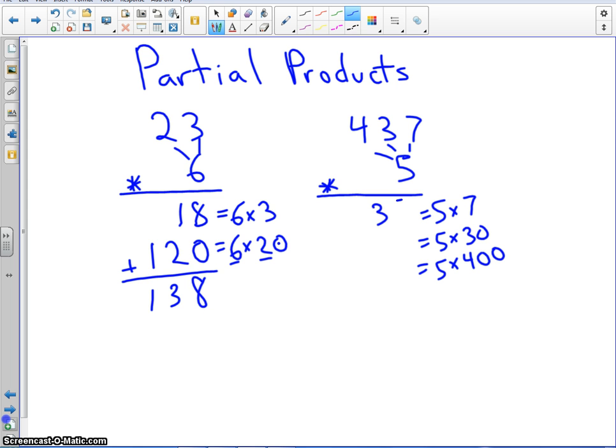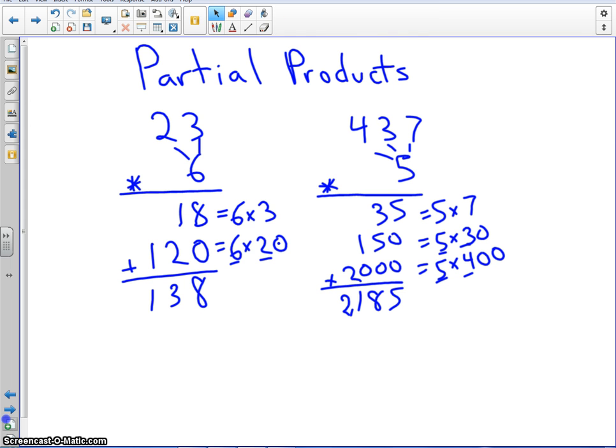So this is 35, this is 15 with a 0, 150, and this is 20 with two zeros behind it, 2000. So I'd add up my parts. They can use the traditional method as well, but this way they have a couple different break apart methods that can work for them.